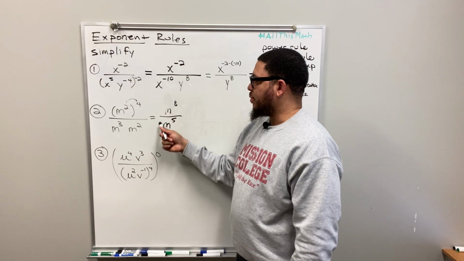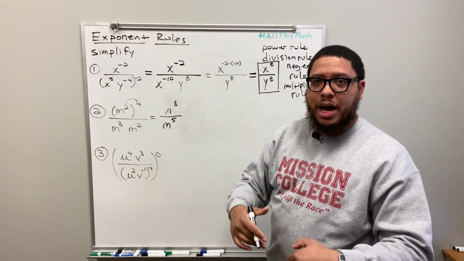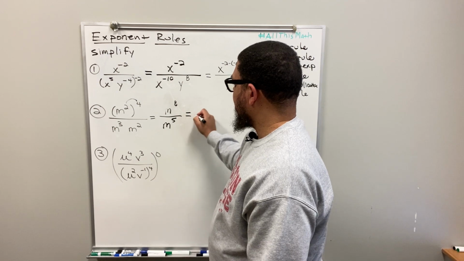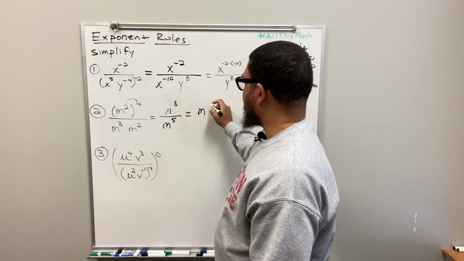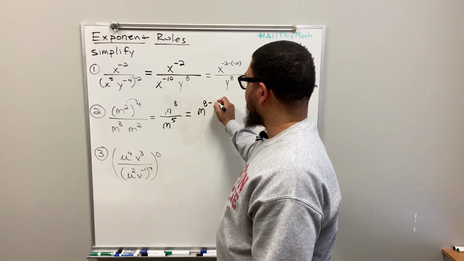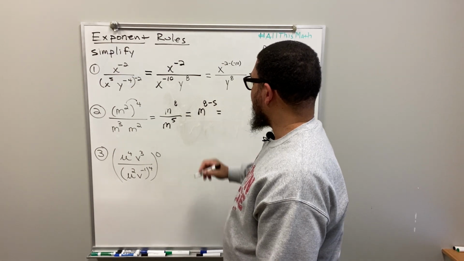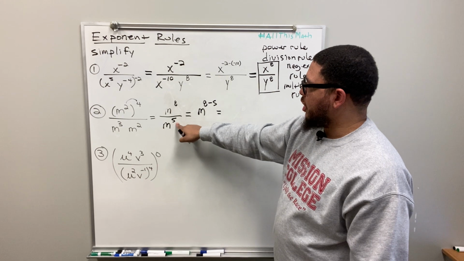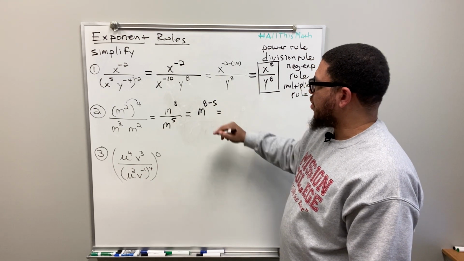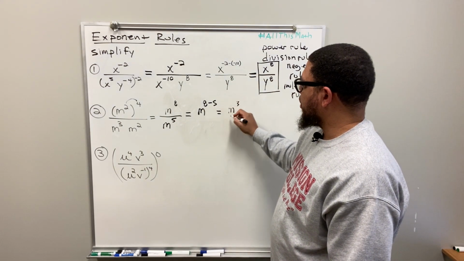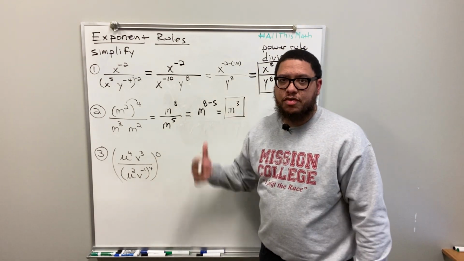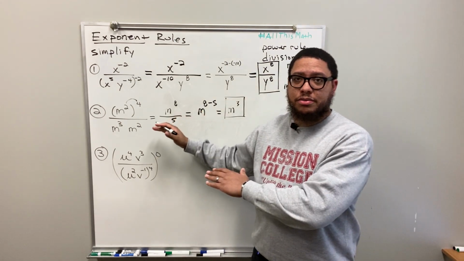I subtract top minus bottom, 8 minus 5. I'm going to write it out so everybody can see: m to the 8th over m to the 5th is m to the 8 minus 5, and 8 minus 5 is 3. M to the 3rd. That's the final answer.